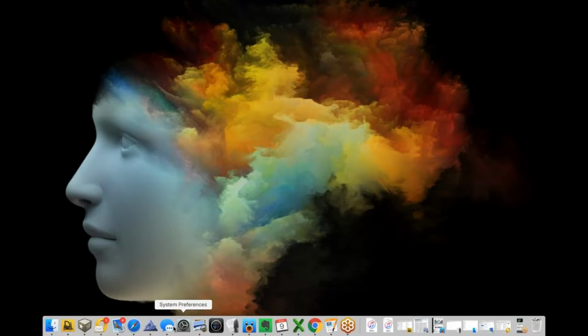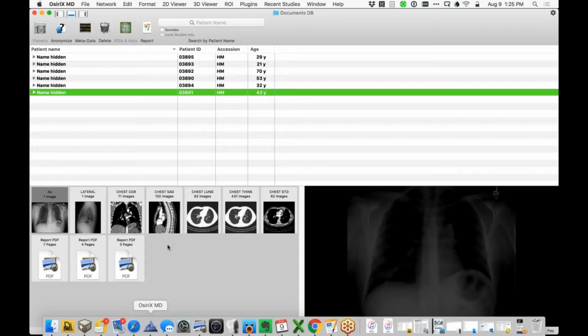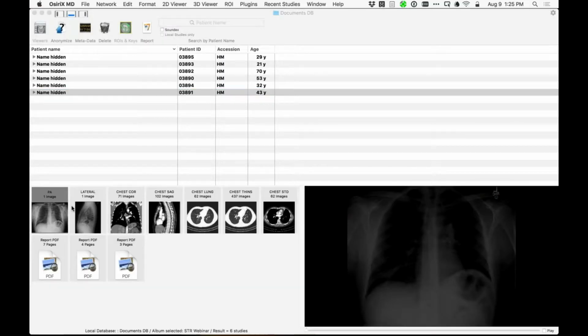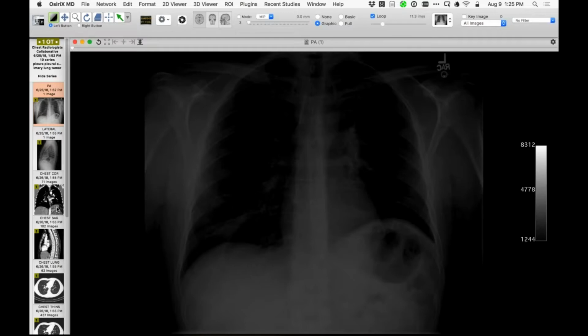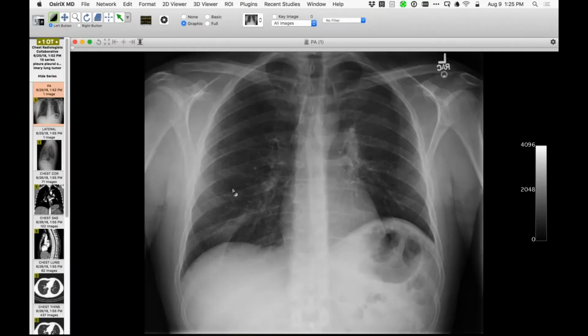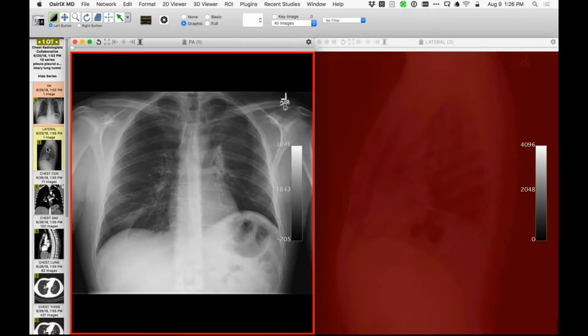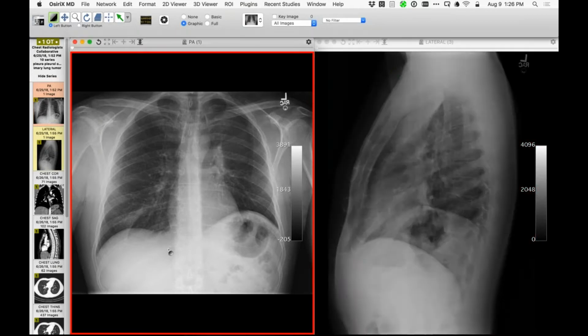Let me bring this up here and start with this one. This is interesting from several points of view. First off, it's a very nice example, particularly for trainees, of imaging findings of obstructive left upper lobe atelectasis. So let me bring up the two views. All the findings one would like to teach: the opacity in the left hilum.